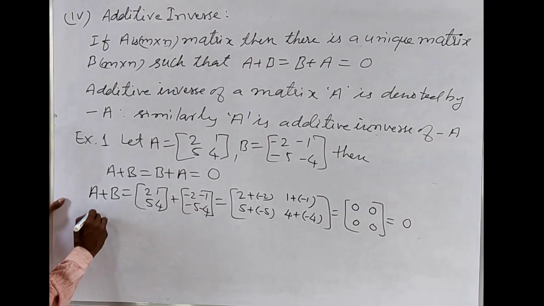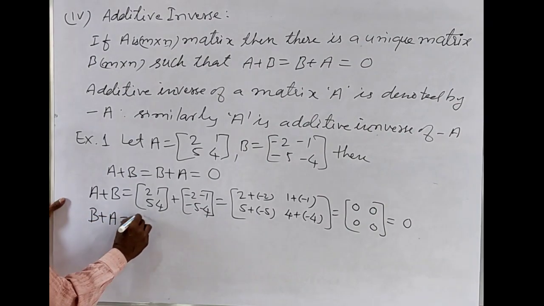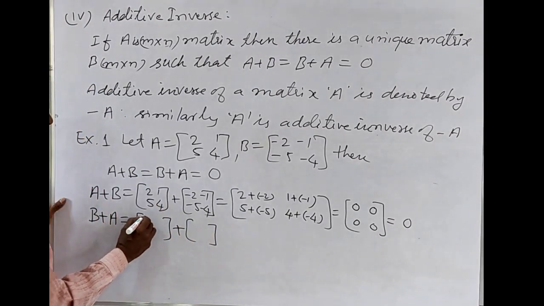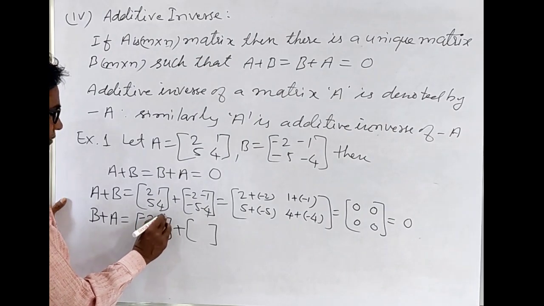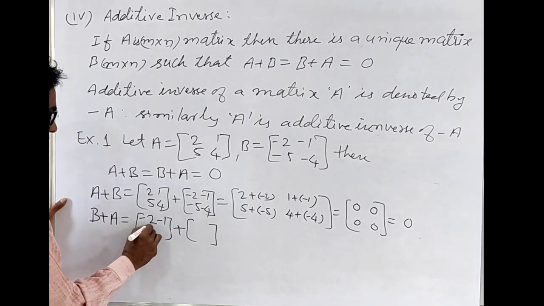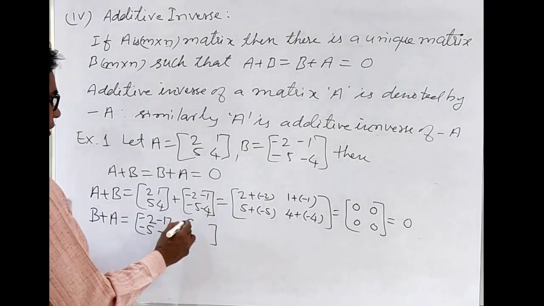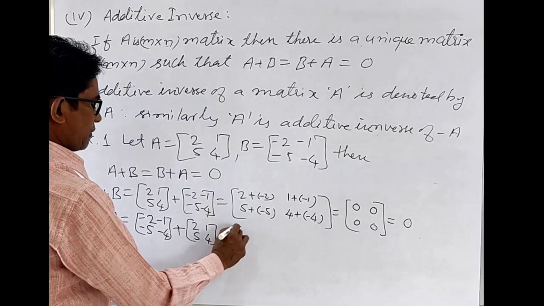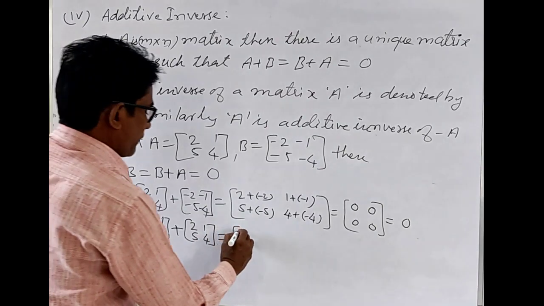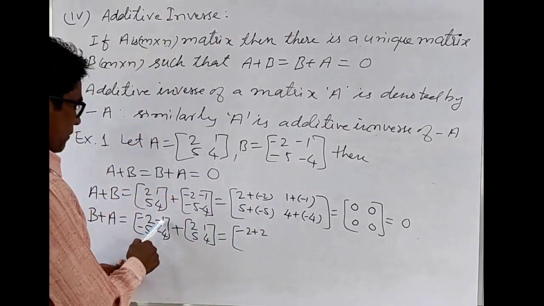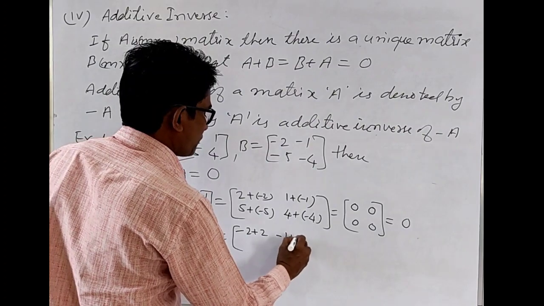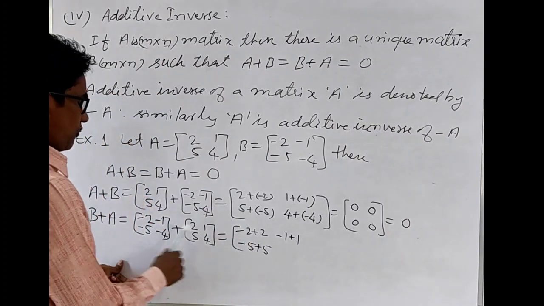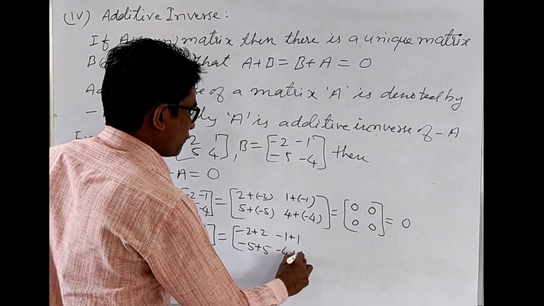In the same way, find out B plus A. So what is B plus A? Elements of B plus elements of A. So what are the elements of B? Minus 2, minus 1, minus 5, minus 4. So elements of A 2, 1, 5, 4, which is equal to minus 2 plus 2, minus 1 plus 1, minus 5 plus 5 and minus 4 plus 4.